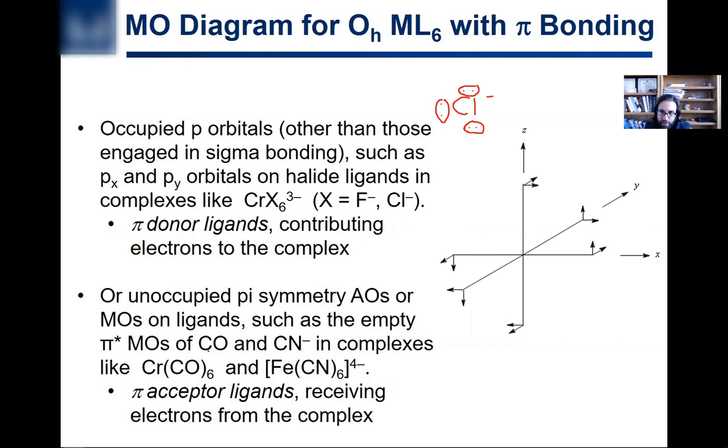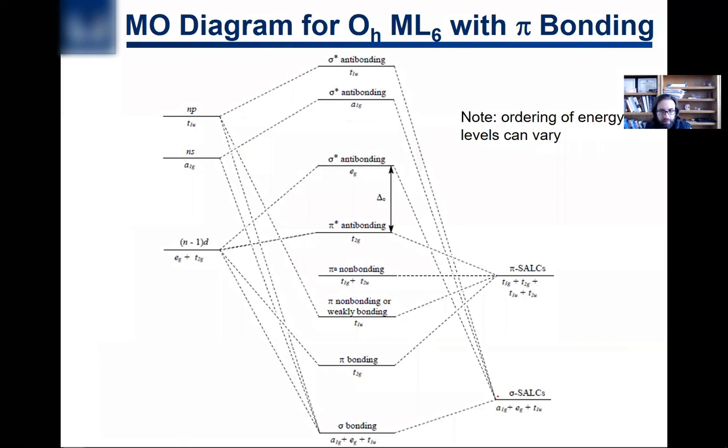We have the right symmetry and the right energy with these orbitals, but we don't have filled orbitals. Because of that, we're going to call these pi accepting ligands. And so the metal is going to donate electrons into that ligand with pi bonding type of symmetry.